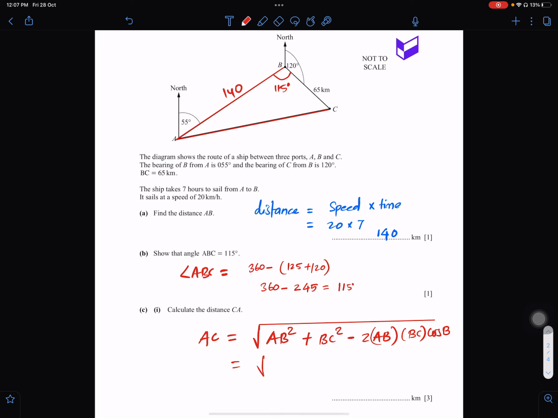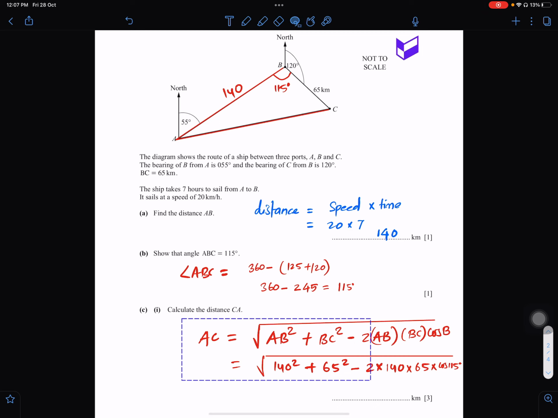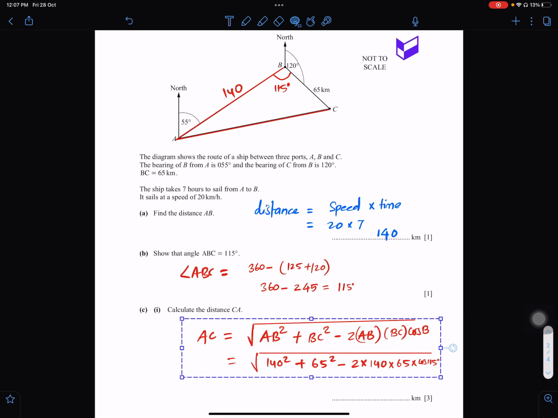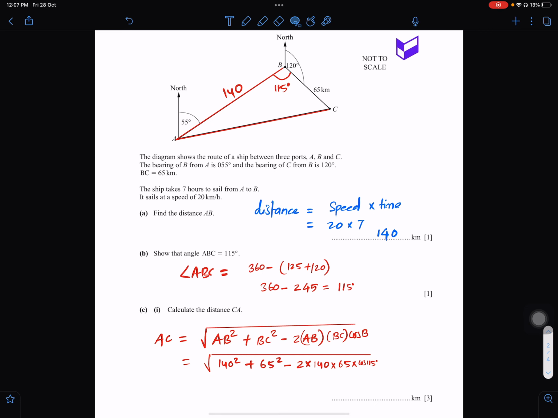So if we fill up the values, we get 140 squared plus 65 squared minus 2 times 140 into 65 into cos of 115 degrees. Make sure that your calculator remains in degree mode while you're putting this expression on your GDC.